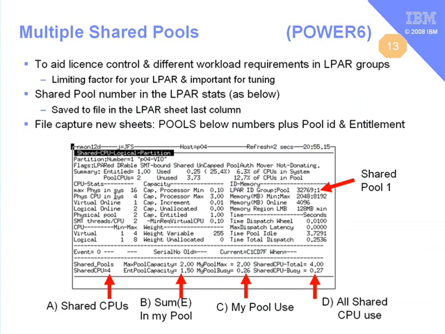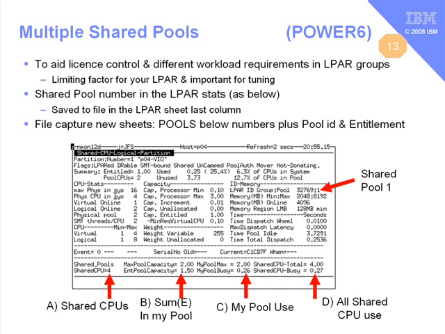Well, there's two reasons. One, the most important, is for licensing reasons. If we've got some software that we perhaps licensed for a number of CPUs, let's say 8 as an example on a 32-way machine, then all the logical partitions that are using that particular application or middleware can all be assigned to a particular pool, and then we can guarantee collectively they can't go over the number of CPUs in that pool, if that's the way we set it up.